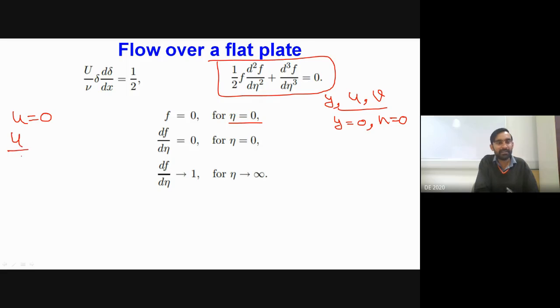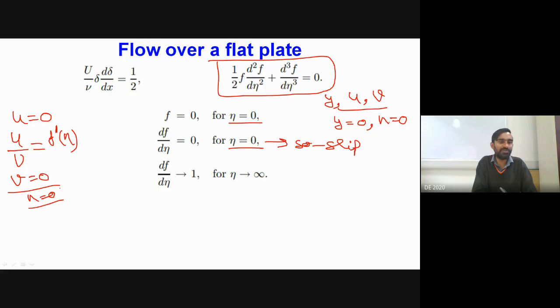We have already taken that u by capital U is equal to f dash eta. Because of that, at eta equal to 0, df by d eta equals 0. This condition comes from my no slip boundary condition. Then we have also considered an impermeable boundary, v equal to 0 at eta equal to 0. If I supply this condition, I will find that f equals 0 at eta equal to 0.